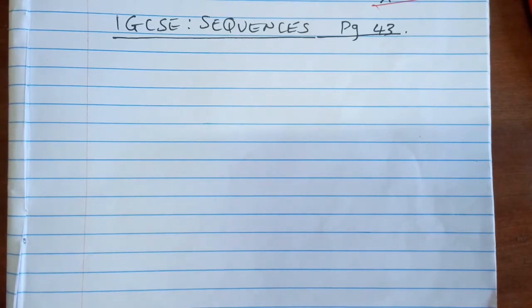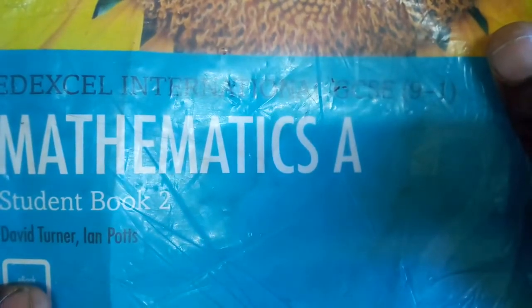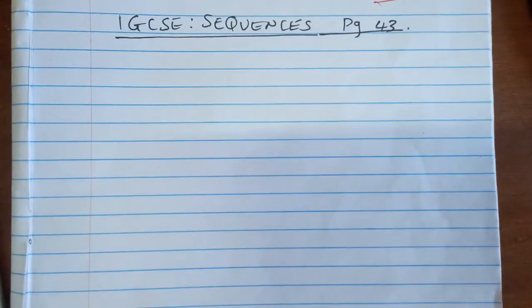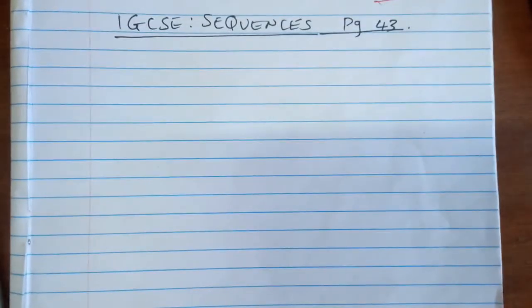And in this video we continue to explain the Edexcel International IGCSE 9 to 1 Mathematics A Book 2, and we are getting to topic number 3, which is sequences.